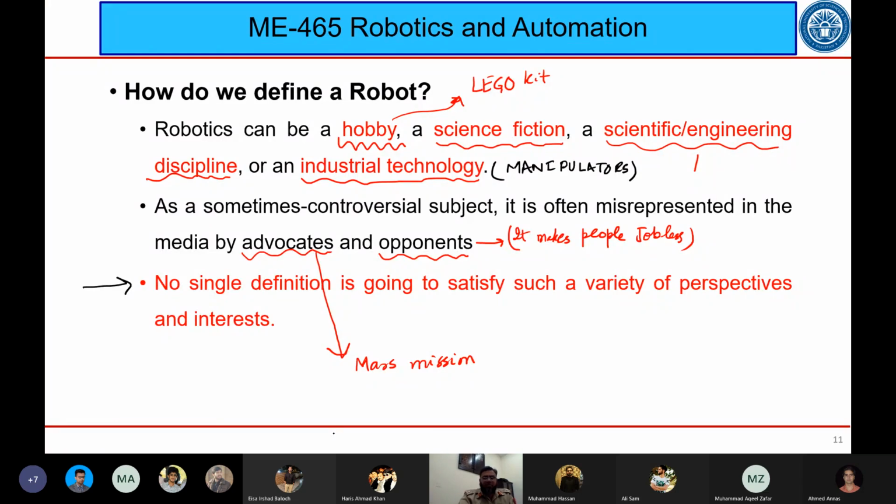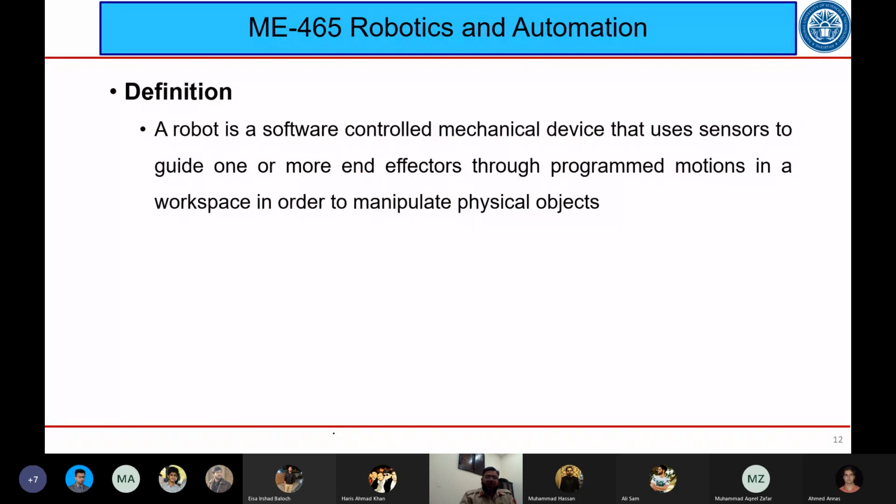So this is what a robot is, and this is the definition which was published in another research, and most people agree with it. What do they say? They say that a robot is a mechanical device, which is controlled by software.